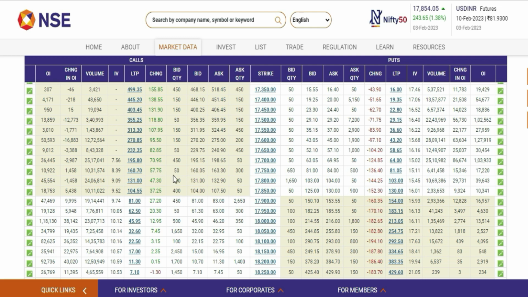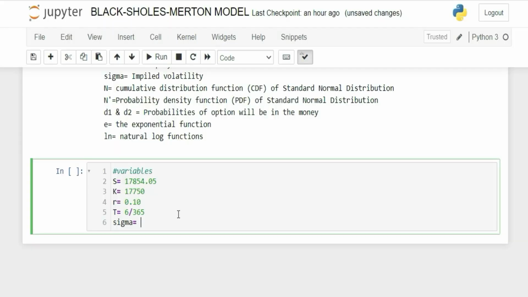Okay, so we are going to calculate the call option price. We are going to use 8.39 as the IV, so I'm going to put 0.0839. All right, so we got all the variables. S is the spot price, K is the strike, R is the risk-free rate of interest, T is the time to expiry, and sigma is my volatility.